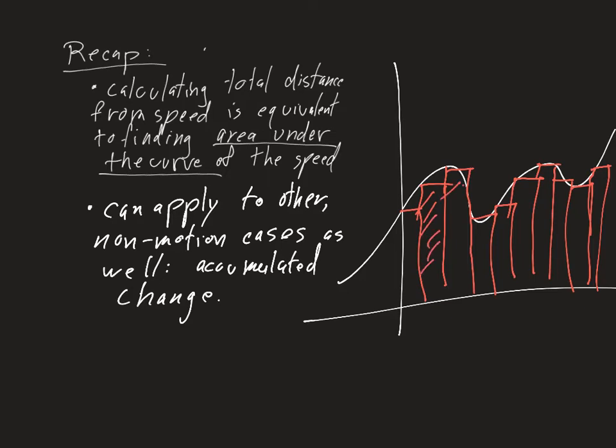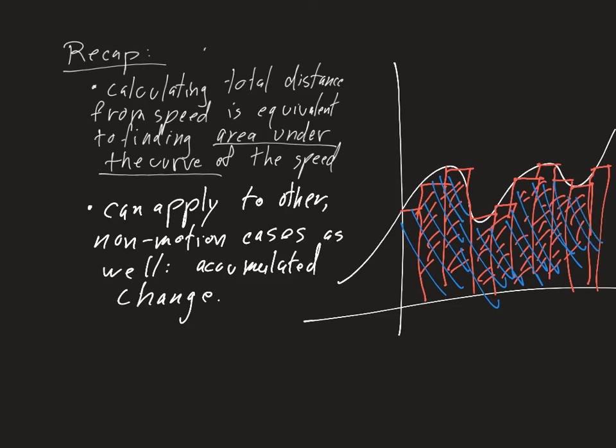So if you add up the areas of all these rectangles in red, this gives you a decent approximation to the true area underneath this curve, which I have put here in blue. Okay.